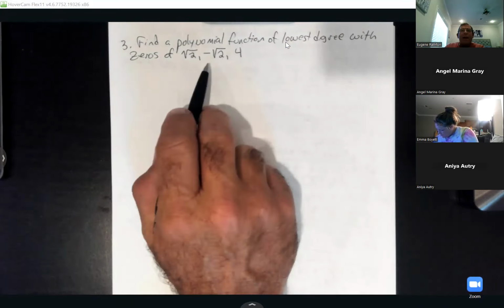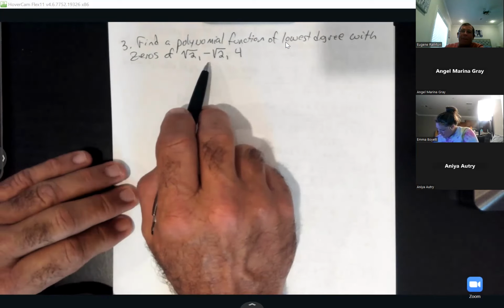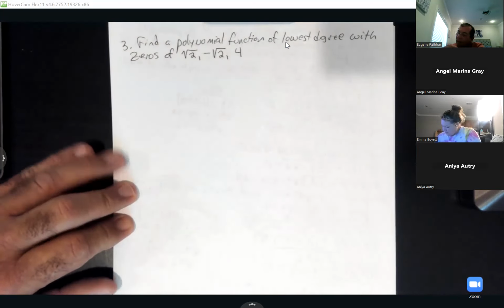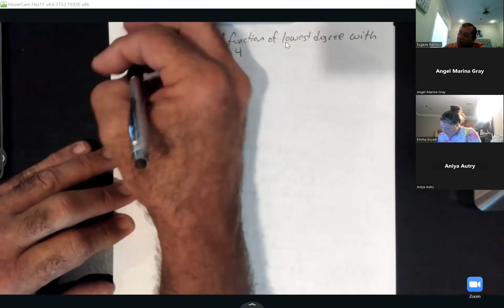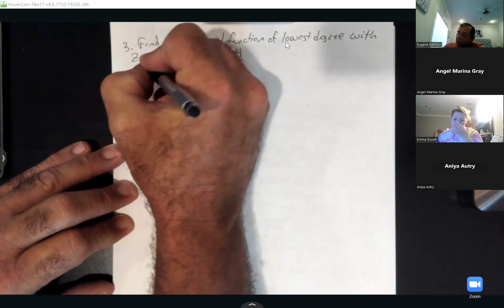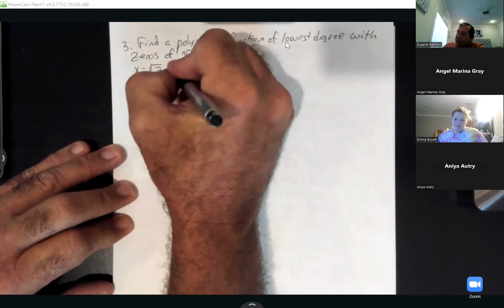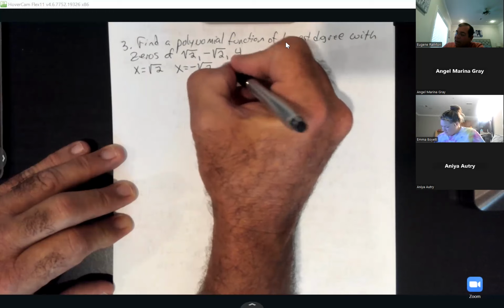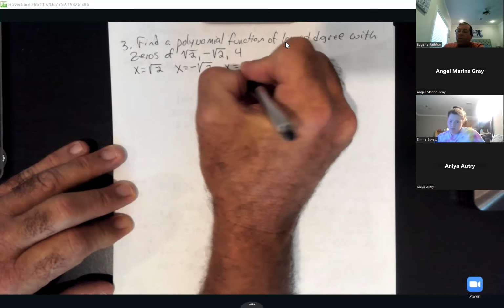So we did imaginary numbers a while ago. Now we're doing radical numbers. All right, so here we go. We're going to have x equals a square root of 2. x equals a negative square root of 2. And then x equals 4.